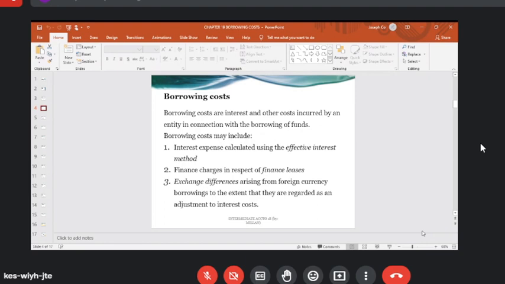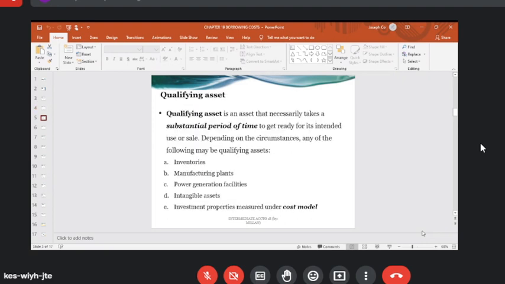arising from foreign currency borrowing to the extent that they are regarded as an adjustment to interest. Okay, a qualifying asset is an asset that necessarily takes a substantial period of time to get ready for its intended use or sale.